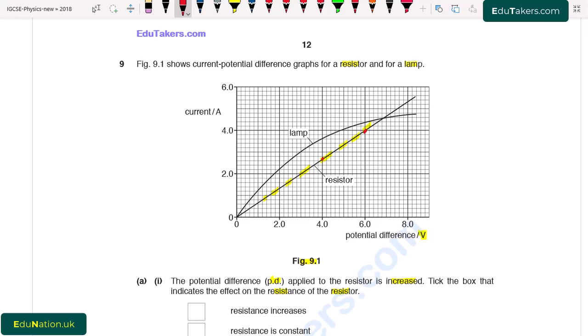So at this point, potential is 6, and at the first point, potential is 4. While at this point, the current is 4, and at this point, the current is 2.6.